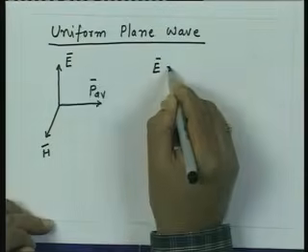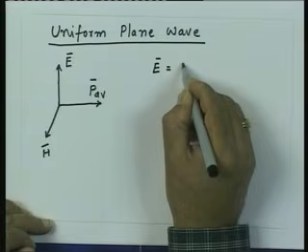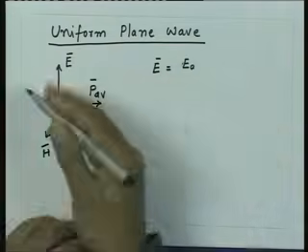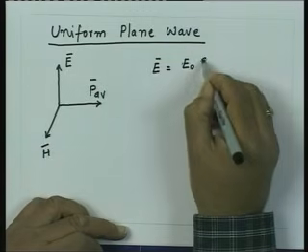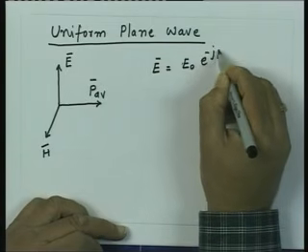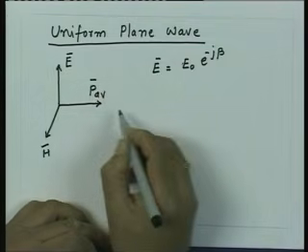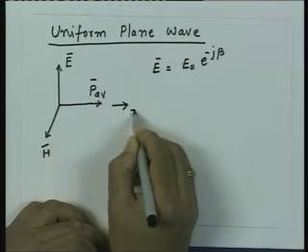Secondly, if I say now the electric field has some magnitude E0 and has a phase variation which is e to the power minus j beta z, let us say the wave is travelling in direction z. So, this is the z direction.